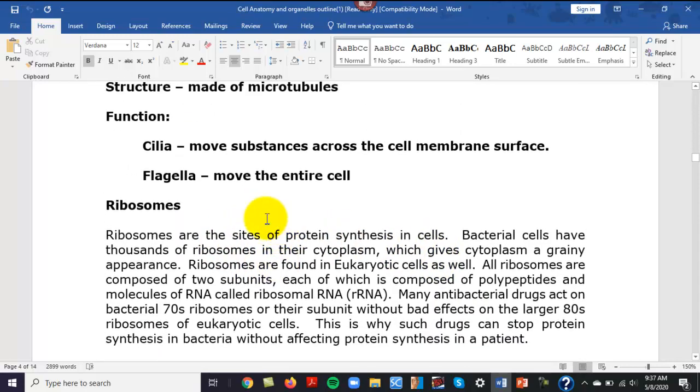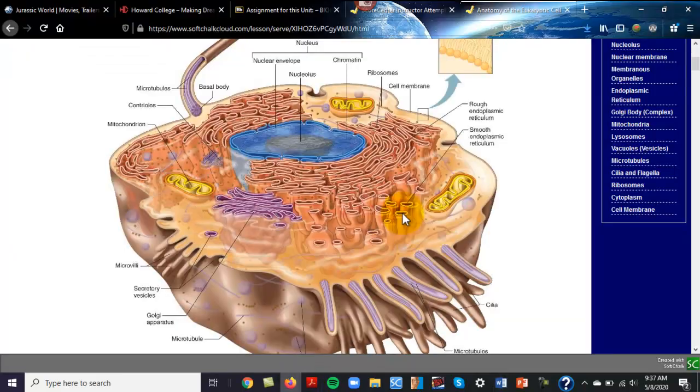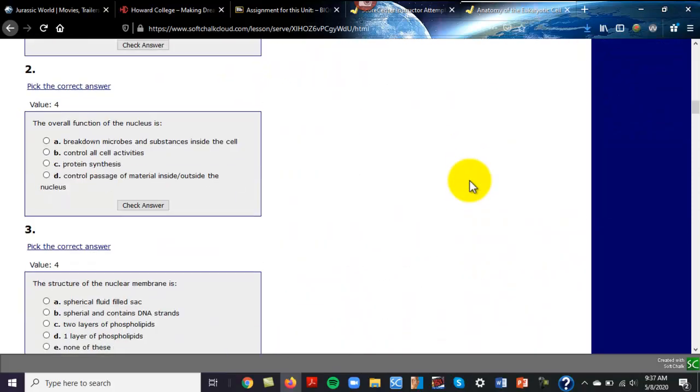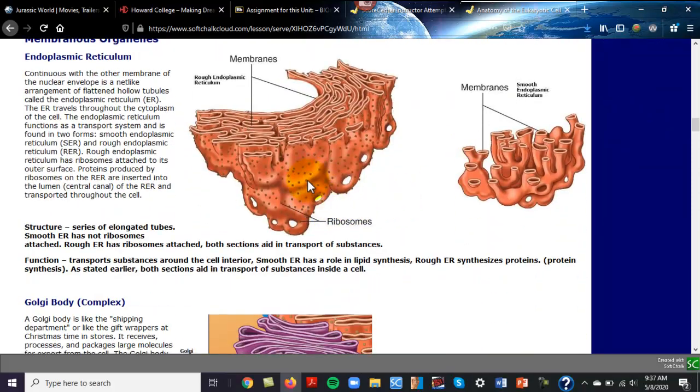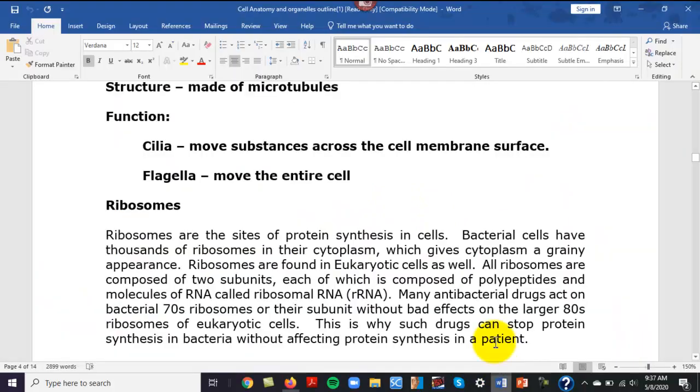Ribosomes. I just touched on those a little bit. Ribosomes are these little dots, and they're also attached to the rough endoplasmic reticulum. They are protein factories. They help make enzymes, cell parts.